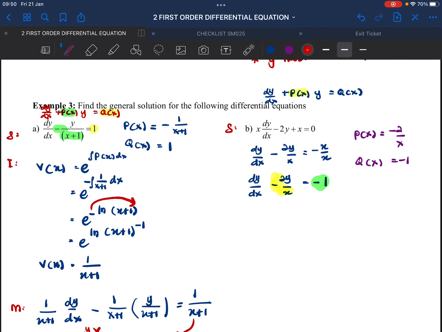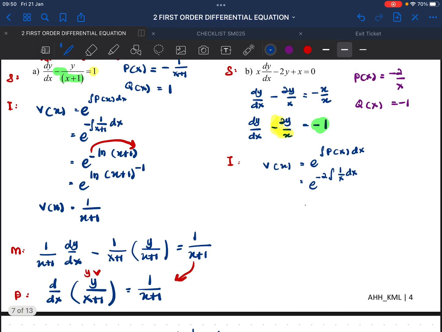So the second step is finding the integrating factor. The formula is v(x) = exp of the integral of p(x). Our p(x) there is −2/x, so we can put −2 outside as a constant. Inside is 1/x dx. Integrating 1/x, we get −2 ln x. Now make sure this −2, you move up.